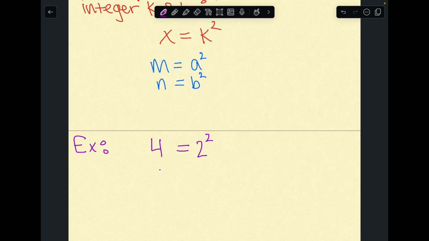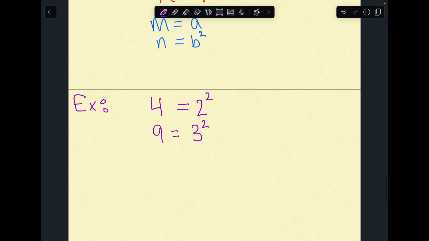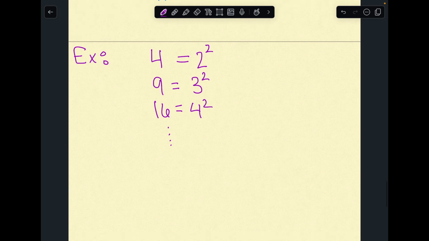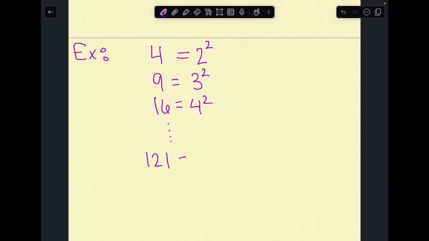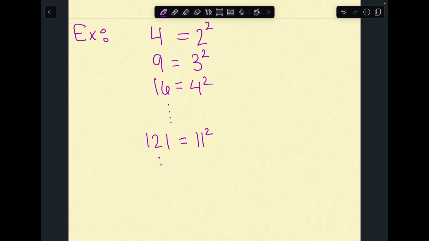The next one would be 9. That would be 3 squared. Then we have 16, which is 4 squared. As we get higher, we know that 121 is 11 squared. A little bit higher, we know that 169 is 13 squared. 196 is 14 squared.